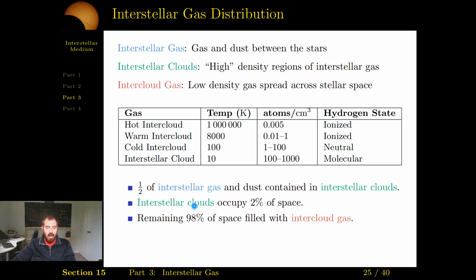And the clouds themselves take up about 2% of space. So remember, big vacuum, big void of emptiness, and then pockets of higher density. So half the gas in the cosmos is in these clouds. Those clouds are concentrated into a tiny space, so the rest of that big void is that intercloud gas. Think of the hotter, rapidly moving stuff.